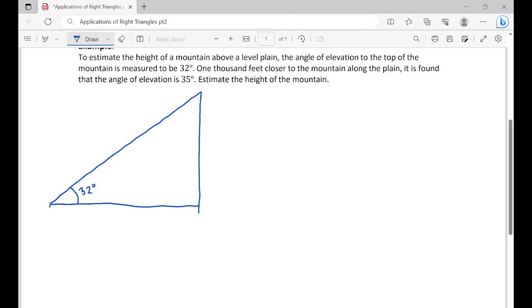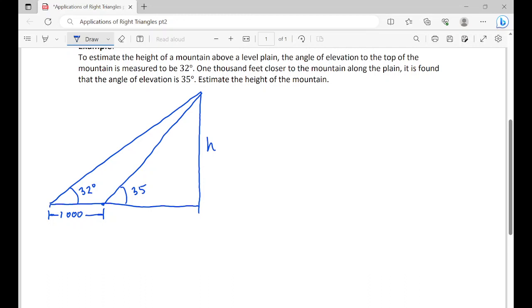But it also says that if I were to walk 1,000 feet closer, the angle of elevation changes to 35 degrees. So if I was standing right here and looking up at the top of the mountain, this would be 35 degrees. The only other thing I know is that this is 1,000 feet from here to here. So we have 1,000 feet difference. I don't know what this is, and I need to find the height of the mountain, h.